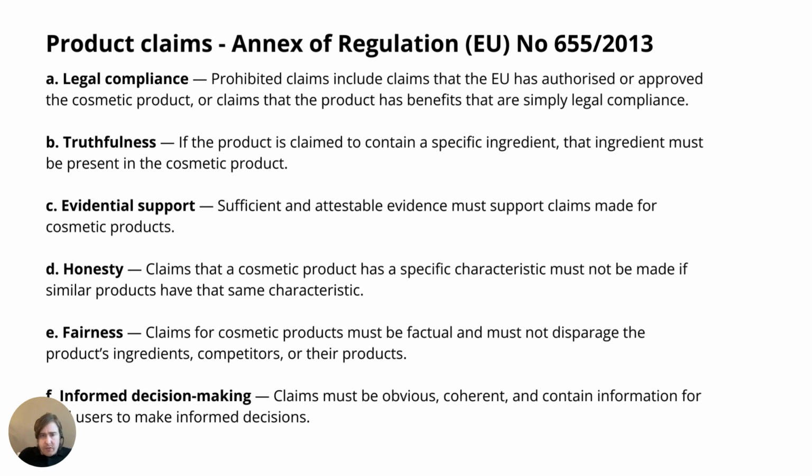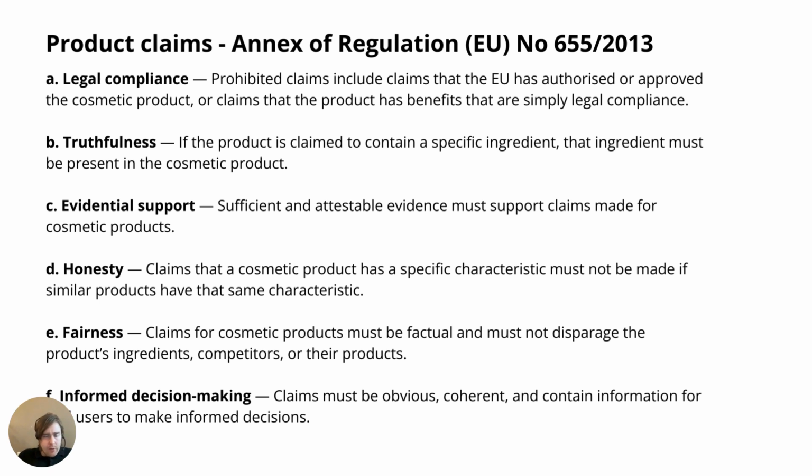Another key concept when it comes to cosmetics labeling requirements in the EU is that of product claims. And to find this, we had to look outside of the regulation itself, and we found this annex. Now, in short, this annex provides a list of principles to which you must adhere when it comes to cosmetics labeling.